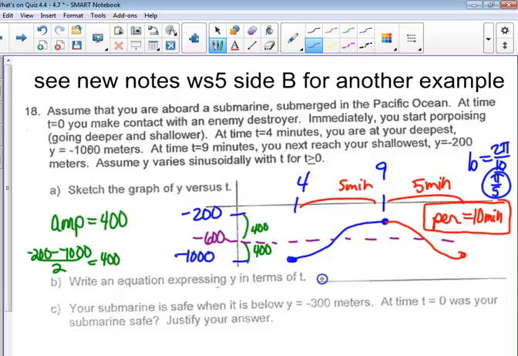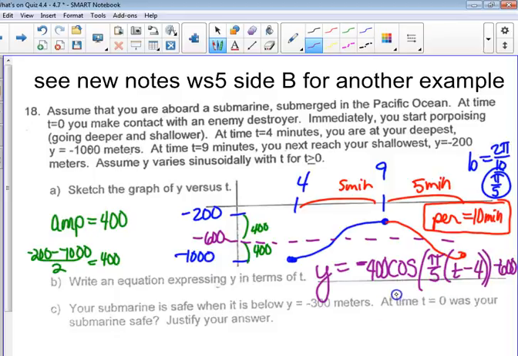Okay, equation. Y in terms of t, it says, which I'm not going to be picky about, but what do you want to call this? A negative cosine? Okay, so we have negative what? 400 cosine, parenthesis, pi over 5, second parenthesis, minus 4 to the right, minus 600.